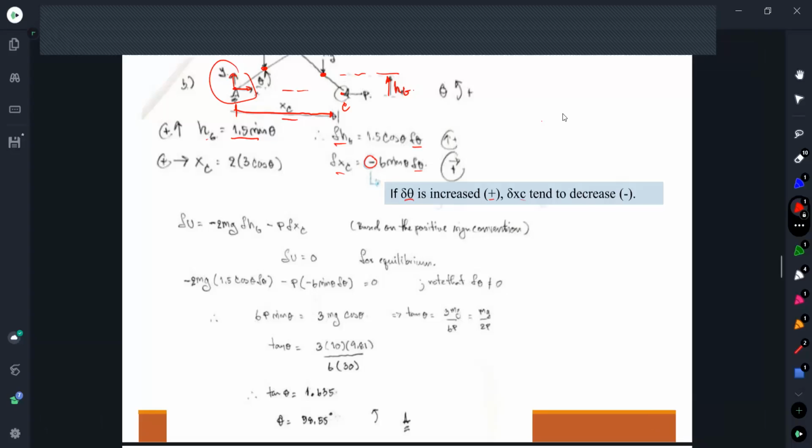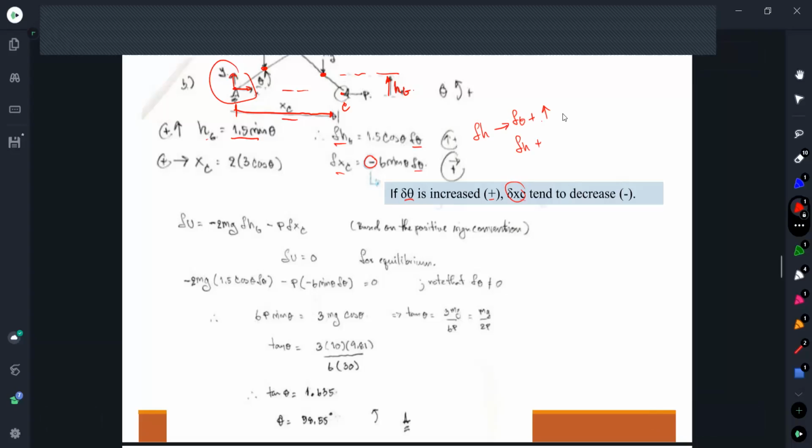So del XC becomes negative. In the same manner for del H, if del theta is positive, that means if theta is increased, del H is positive also. So when theta is increased, H is increased also.